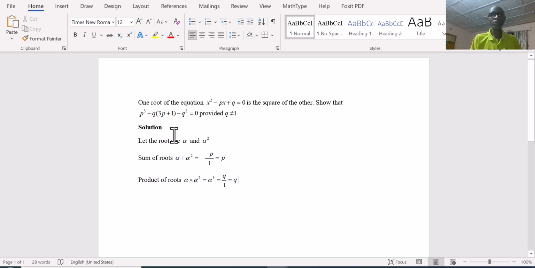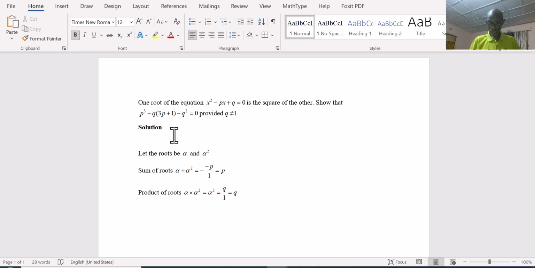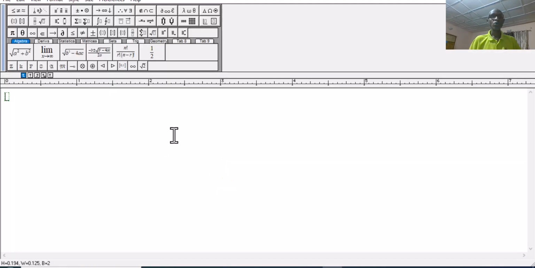Let me write out something so that it doesn't look confusing. Our a is equal to 1, our b is equal to minus p, our c is equal to q.